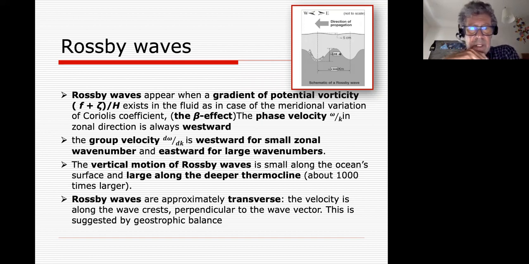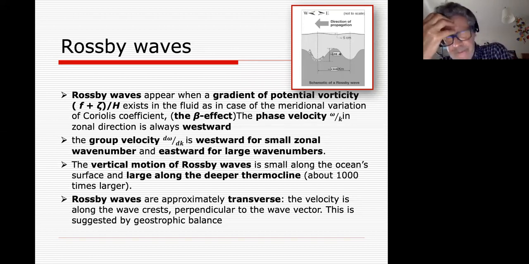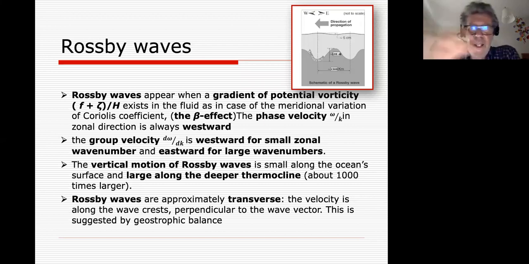You remember that the potential vorticity is obtained as the sum of the planetary vorticity, f, or Coriolis coefficient, and zeta, which is the local vorticity, the vorticity of the fluid, divided by H, which is the depth of the layer, or the depth of the water.